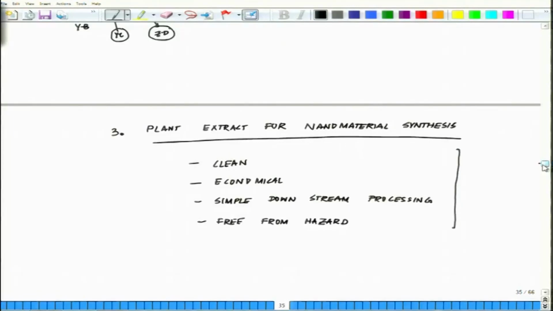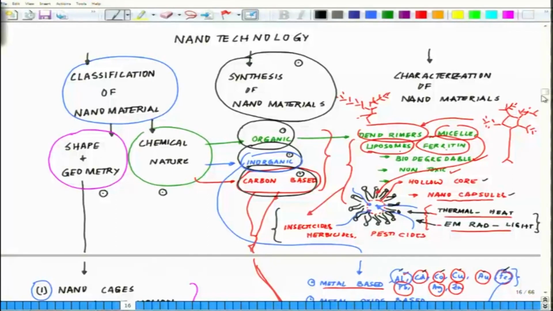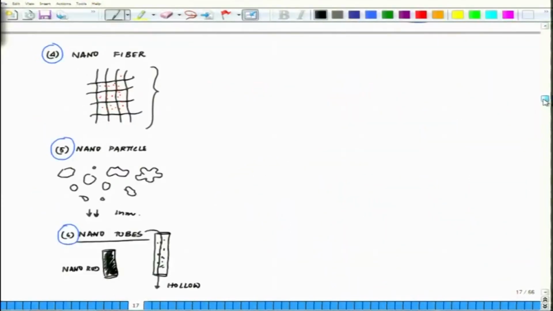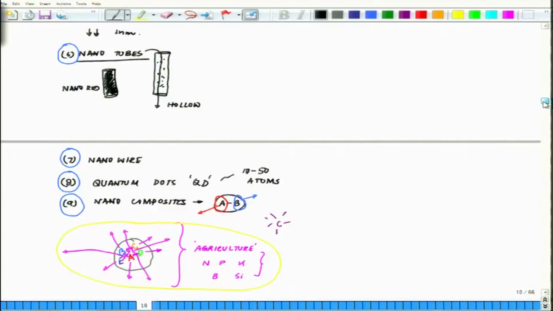So, let us summarize what we have covered in this section as of now. To start off, this is where we started on the module of nanotechnology. We talked about the classification of nanomaterial in terms of shape and geometry and the chemical nature. There we talked about nano cages, nanocrystals, nanobelts, nanofibers, nanoparticles, nanotubes, both hollow and solid, nanowires, quantum dots and nanocomposites.